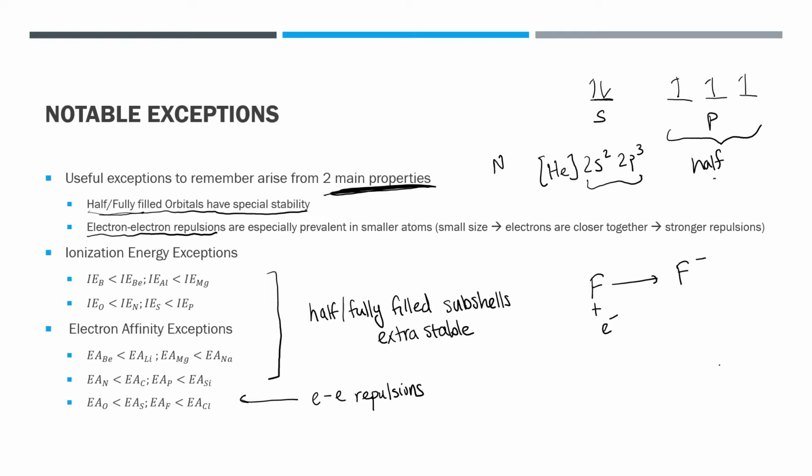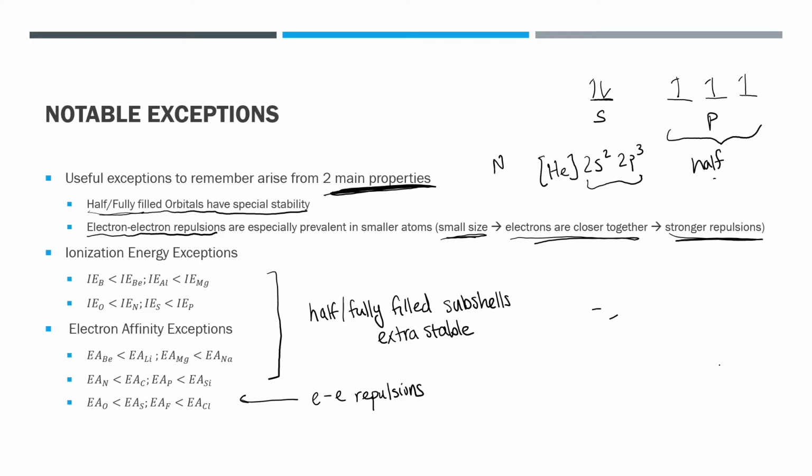So when I add an electron, there's going to be really large repulsions because the electrons are confined to this smaller space. So these electron repulsions are going to cause some unusual exceptions to electron affinity and to other trends. Basically, the small size leads to electrons being closer together, which leads to stronger repulsions, which is less favorable. So we're going to have a higher energy.